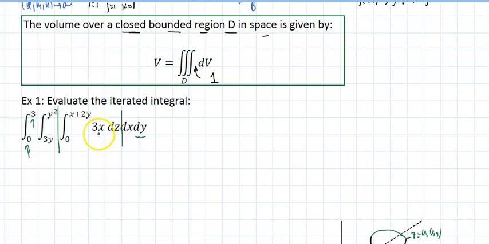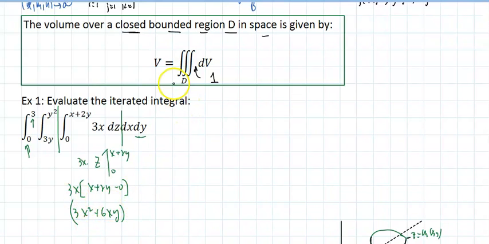Well, with respect to z, isn't that 3x times z evaluated from 0 to x plus 2y? Plug that in for z. Again, as far as z is concerned, that's a constant. That's x plus 2y minus 0. So I'm looking at 3x squared plus 6xy.